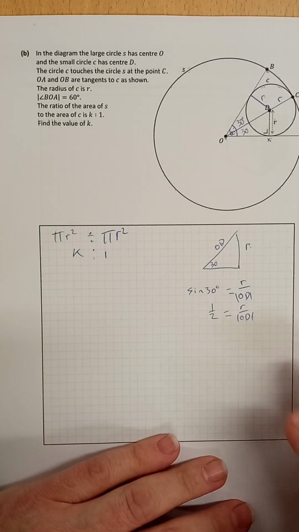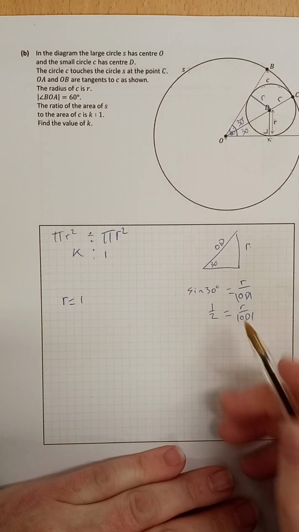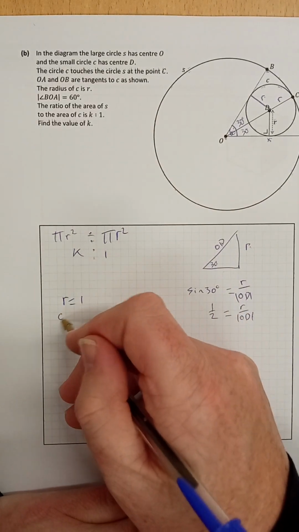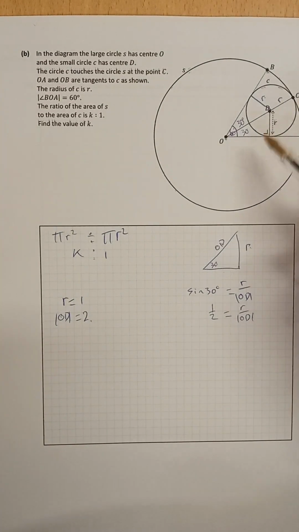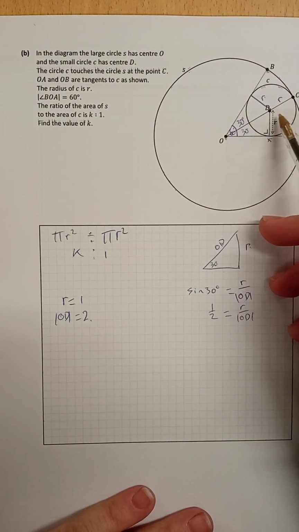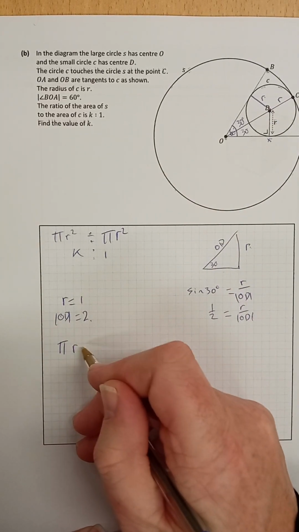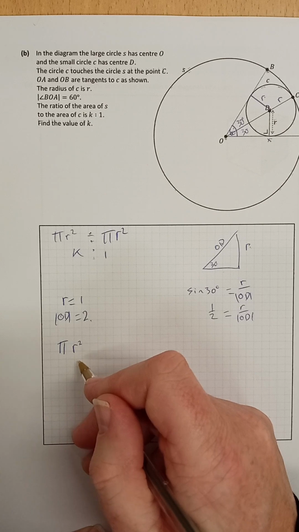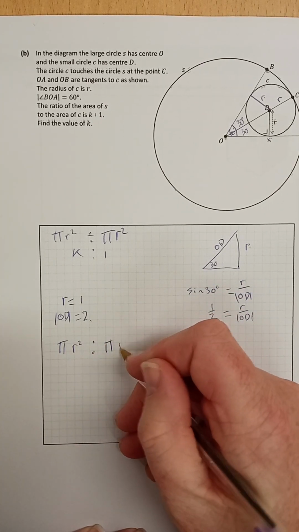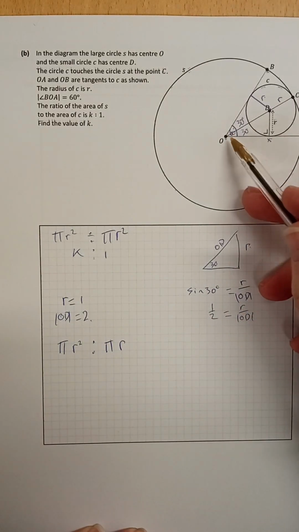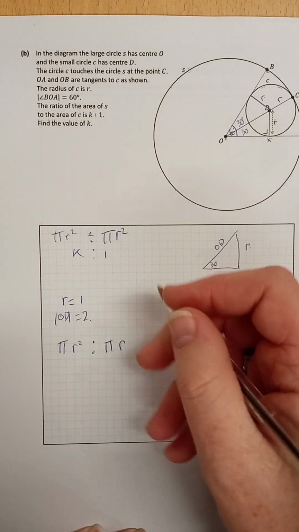So no matter what, whatever R is, it's a multiple of 1. Whatever OD is, it's a multiple of 2. So here we have it now. The radius of the small one gives pi times 1 squared, is to pi times the radius of the big one, 2 plus R, so 2 plus 1 is 3.